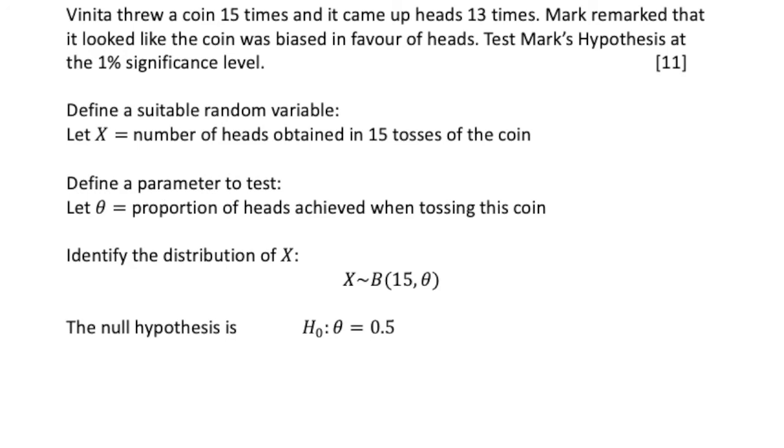Remember, we always write null hypothesis, capital H subscript 0. The null hypothesis in this case is theta is 0.5. That would correspond to the model the coin is fair and unbiased. In other words, that's not what Mark is claiming.